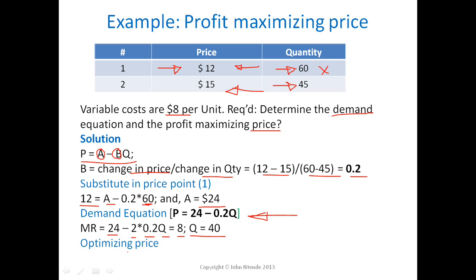If I substitute in this equation here, you can see that P will be 24 minus 0.2 times 40. This 40 is the figure I'm getting from here, and I end up with a price of 16. So clearly 16 is the price at which profit is maximized.